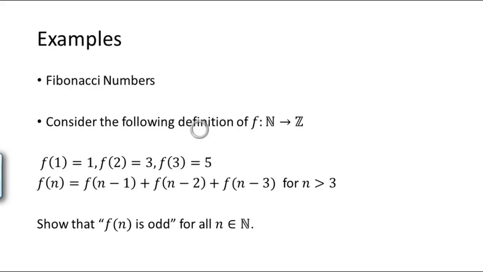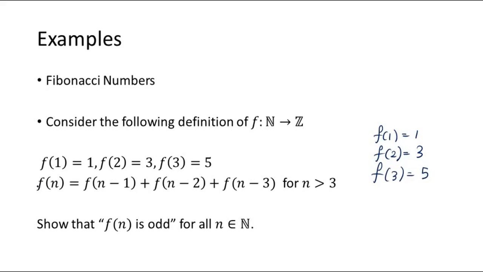Consider the following definition of f with domain being natural numbers, where f(1) is equal to 1, f(2) is equal to 3, and f(3) is equal to 5. So I have f(1) equals 1, f(2) equals 3, and f(3) equals 5.